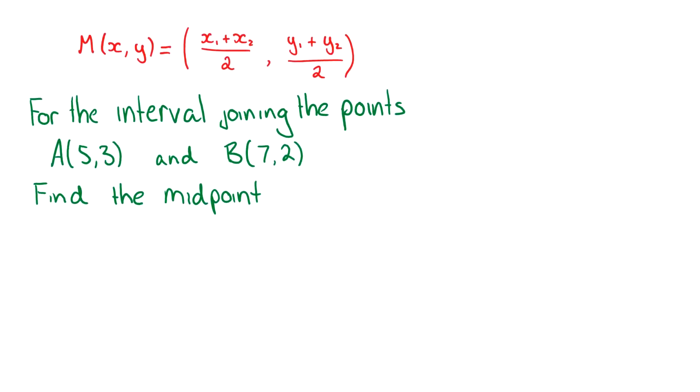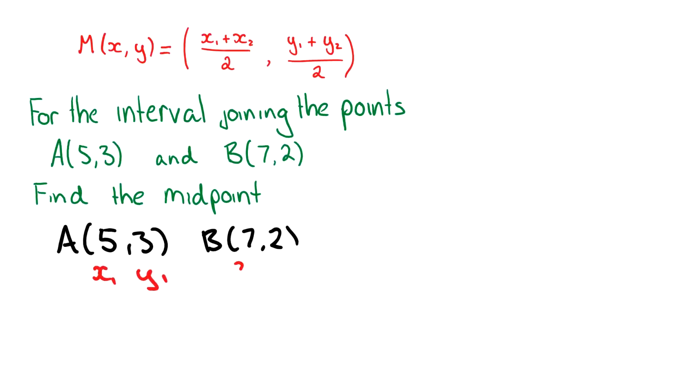Again, it's always good practice to write down your coordinates and then label which one's which, so x1, y1, x2, y2. I know it's tedious, but it's good to remember to write these basics down so you don't make a simple mistake. We then write down our formula.